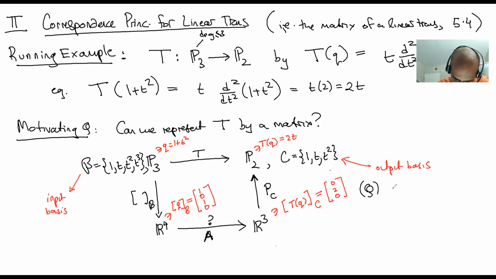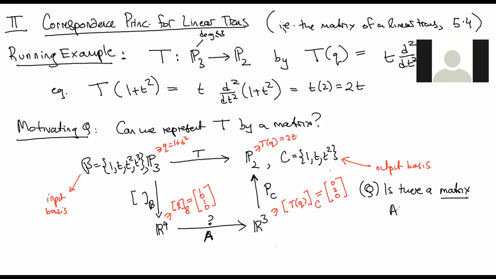So the question is, is there a matrix A? And what dimensions would the matrix have? 3 by 4, right? Because you have to multiply on the right.